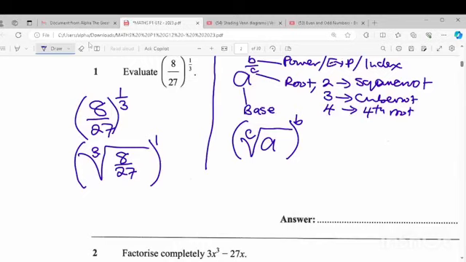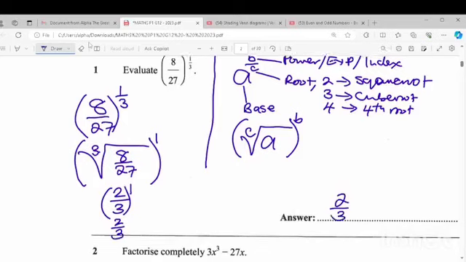So the cube root of 8 is 2 over the cube root of 27, which is 3, and everything is being raised to the power 1. Any number raised to the power 1 is just itself, so the answer is 2 over 3.